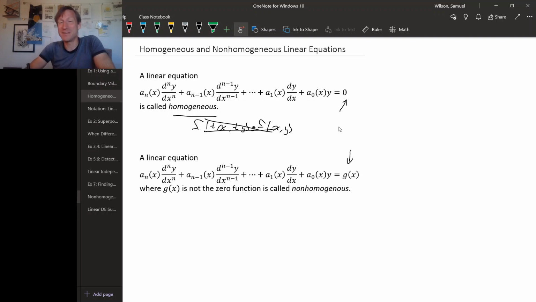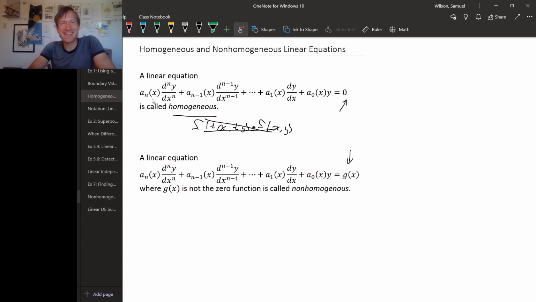So if you have taken linear algebra, you're going to have a slight advantage on working with higher order linear differential equations, because a little bit of linear algebra does help. And this is just our first indication of that. So that's just a distinction between two broad classes of linear differential equations.